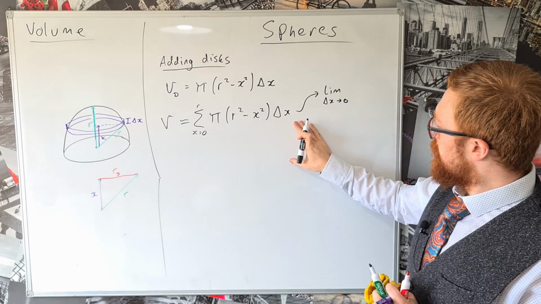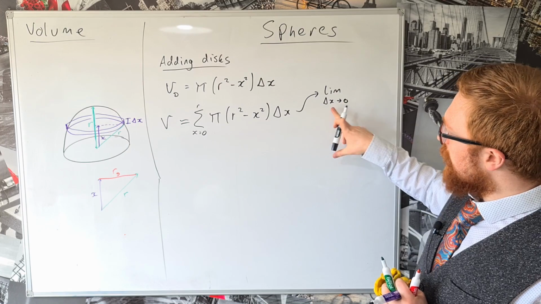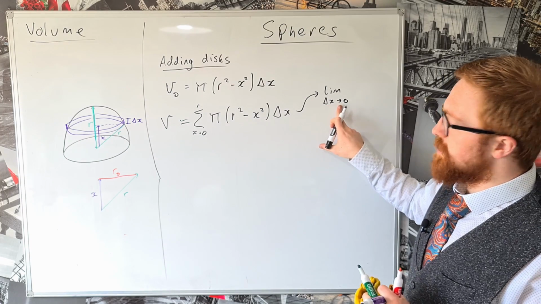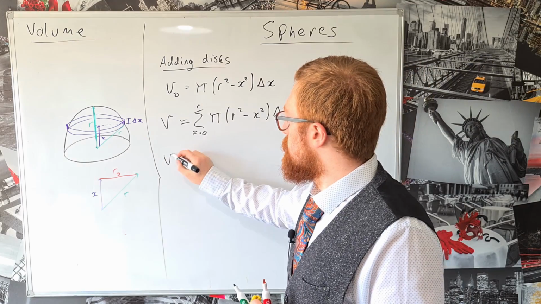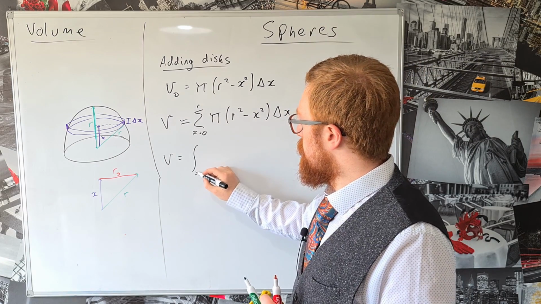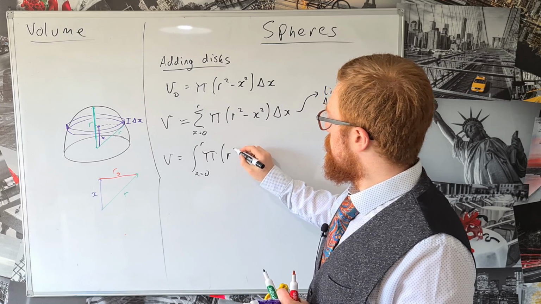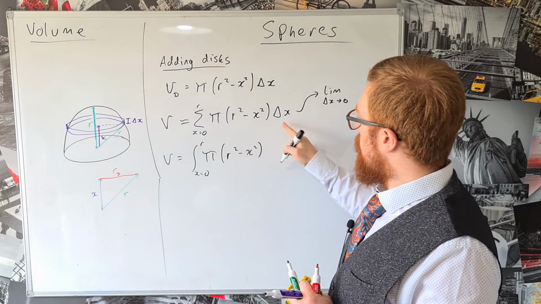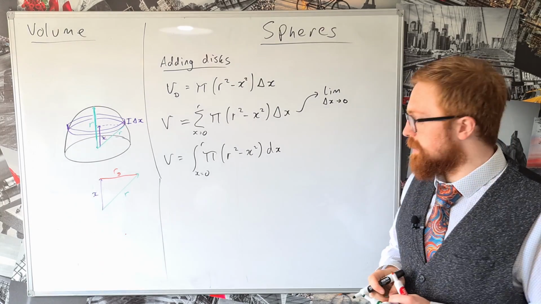And you recall from the other video we did where we found the volume of a pyramid, that the limiting case, when delta x goes to 0, just turns into the integral, and that's sort of how we define an integral. So the volume is equal to the integral from x equals 0 to r of pi (r squared minus x squared), and then this delta x goes to a dx.